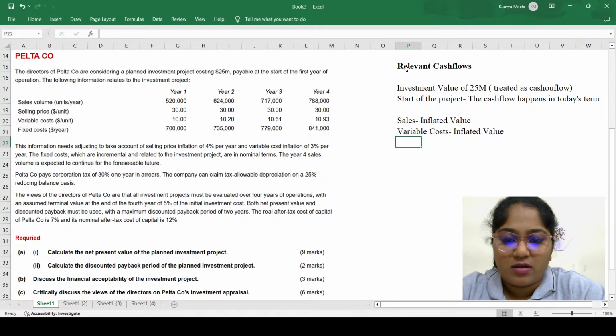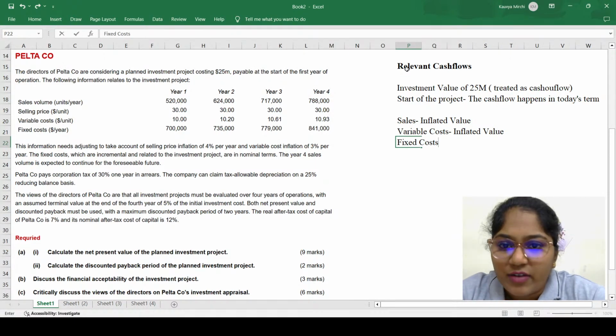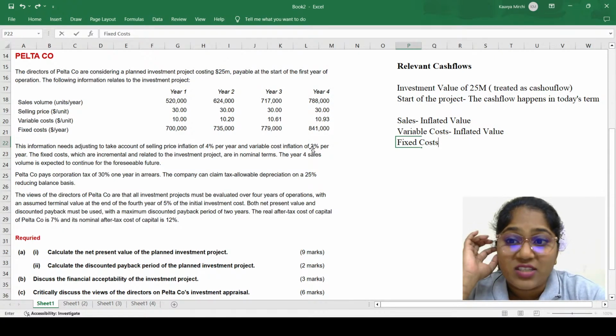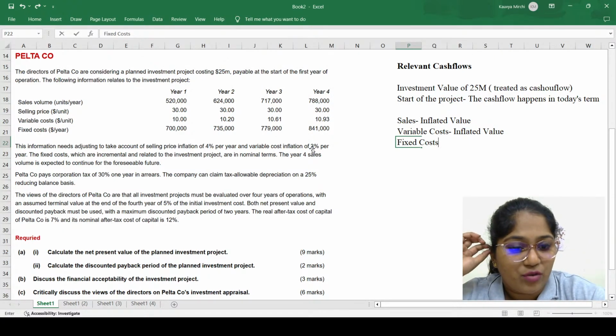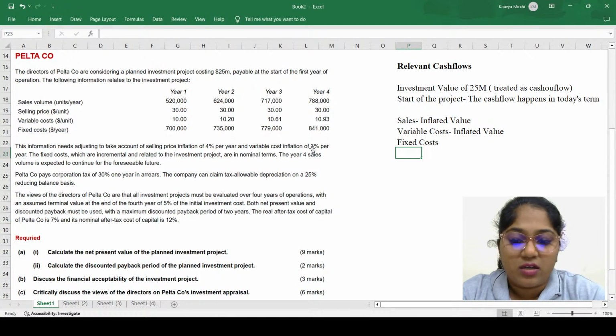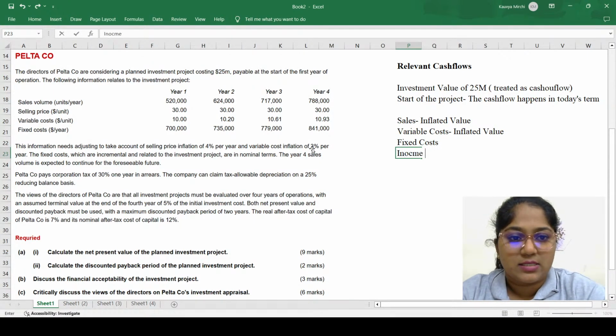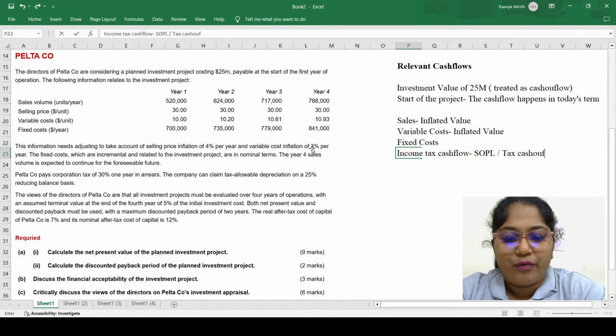Then we have fixed cost. Again, is there any inflation to be added for this? I don't think so. So you don't have to add any inflation. You just have to bring the cost. And then I have income tax cash flow. For this, I should know my statement of P&L account or my tax cash outflow and savings.